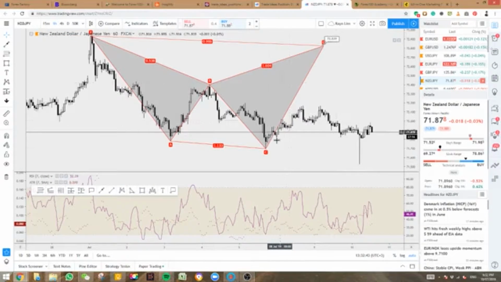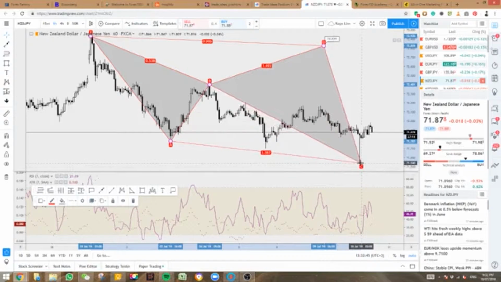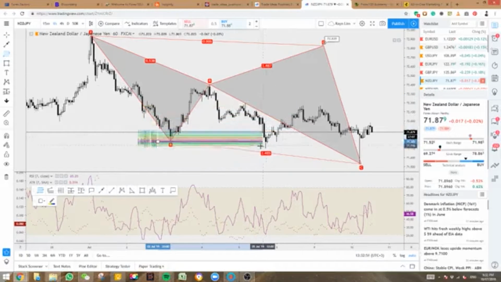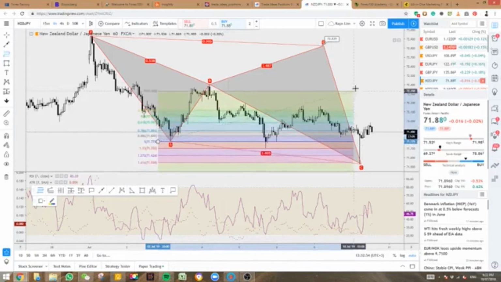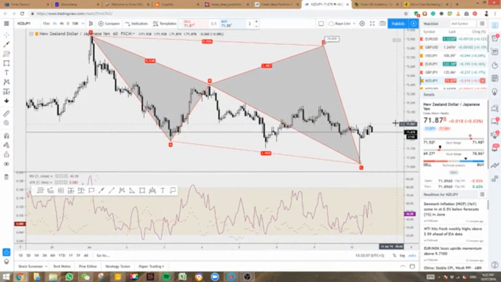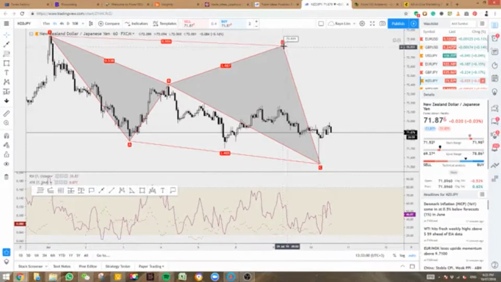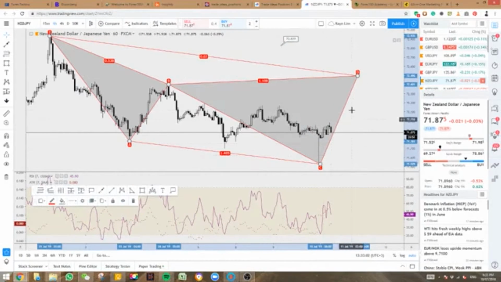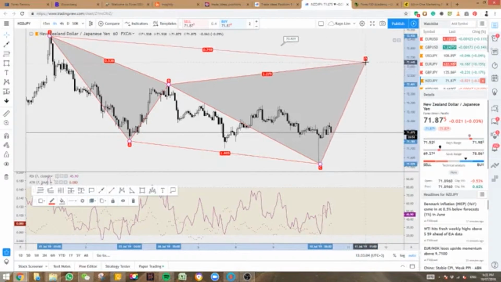On the 1-hour chart, let's see. The shark pattern has just gotten a lower price over here.